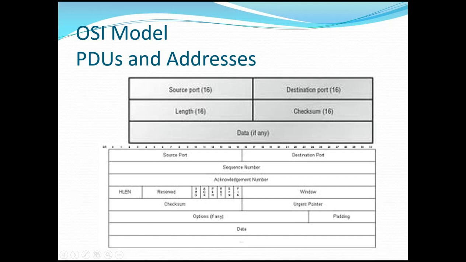Here are a couple of PDUs. Ask yourself the question, what type of addresses are in these PDUs? You'll notice that there's a source port number and a destination port number here, and a source port number here and a destination port number here.